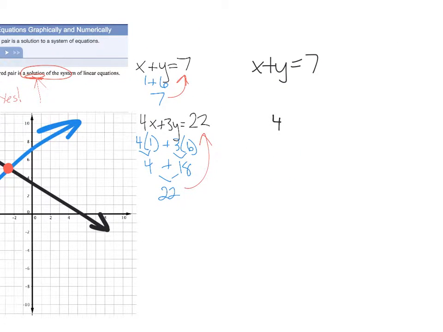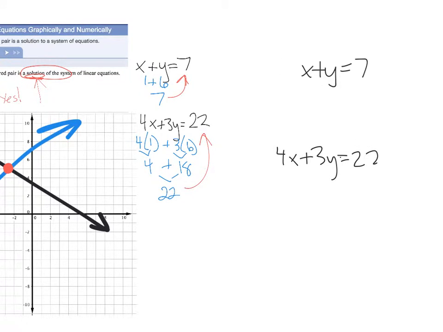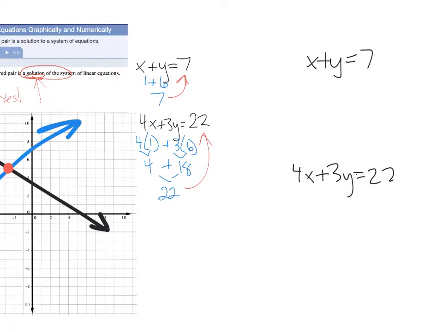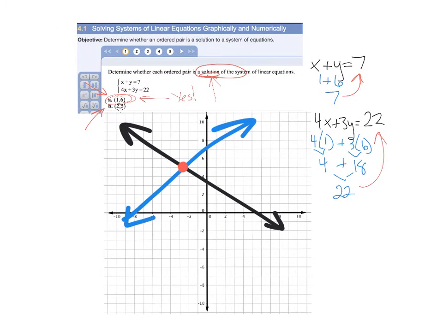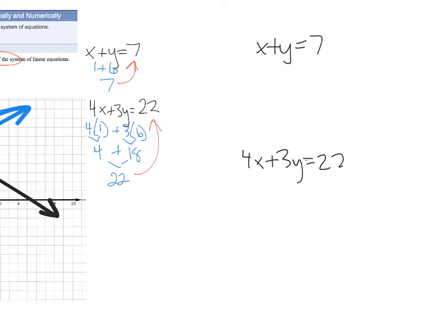I need to scooch those around to make sure we've got plenty of room. Since the point is 2, 5, we're going to replace the x with 2 and the y with 5. 2 plus 5 is equal to 7, and sure enough, that works. Woohoo! That's a true statement.